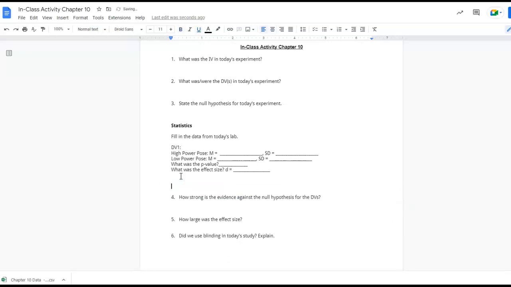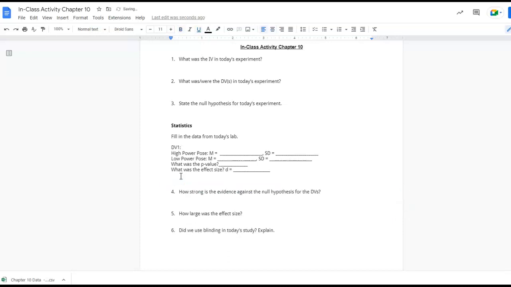All right. So the question is, how strong is the evidence against the null hypothesis here? Well, it's not strong at all. Our p is 0.84, right? Our data are completely consistent with the null, that the difference we're observing between our two means is likely to be just there because of sampling error, because of chance factors.